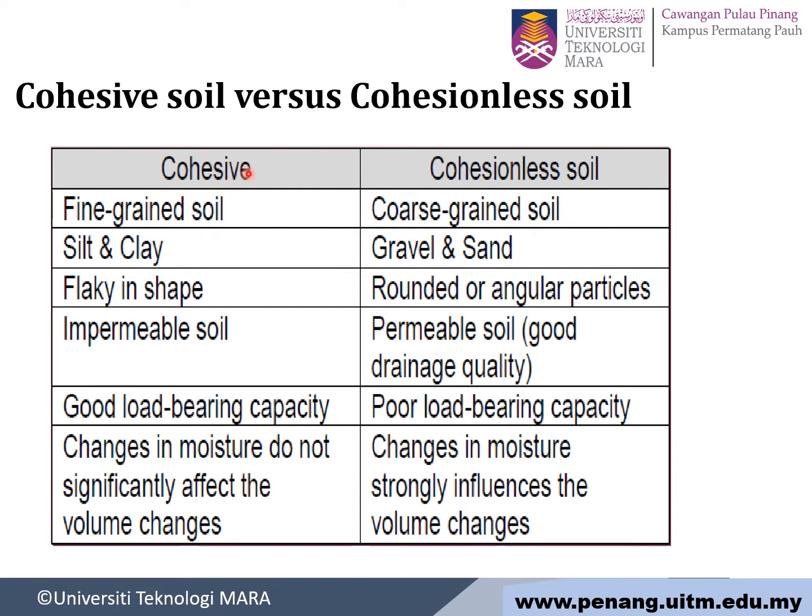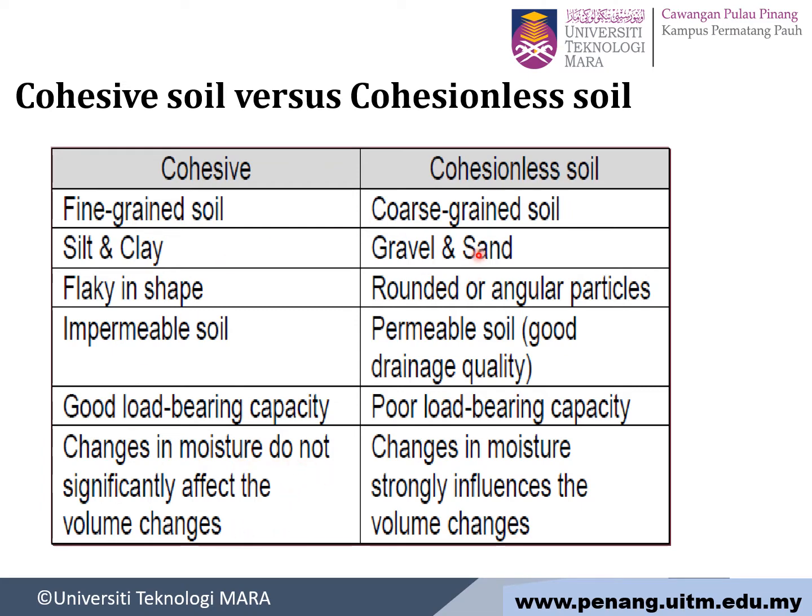Let's refer to the description for cohesive and cohesionless soil. For cohesive, this is a fine grain. Cohesionless is coarse grain. For cohesive, silt and clay, for example, flaky in shape, impermeable soil, good load bearing capacity, changes in moisture do not significantly affect the volume changes.